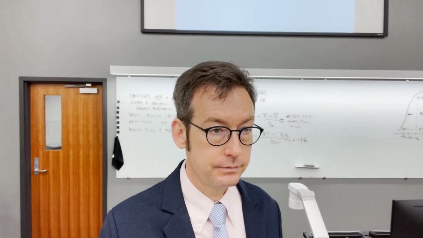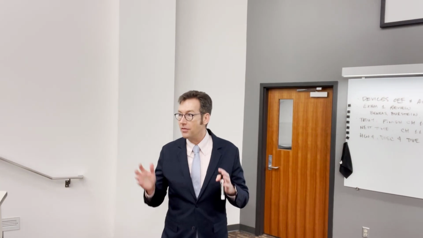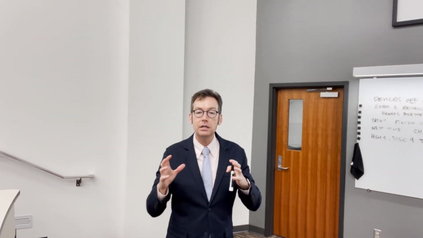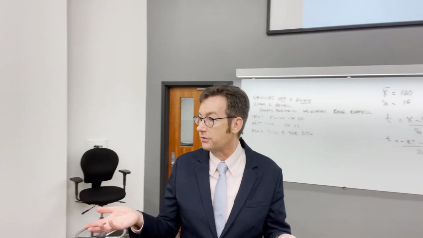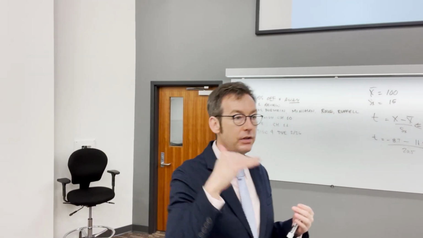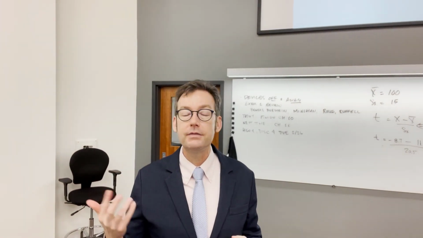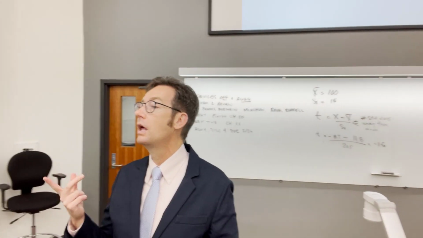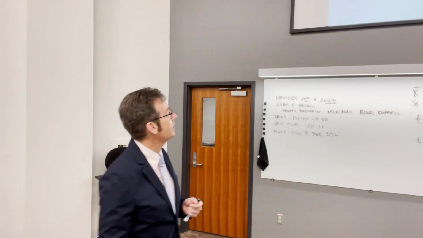That's the second step. The third step is to take that product to the 1 over n power. What is n? Yeah, it's the sample size, right? It's the number of observations. If we were looking at 5, this is going to be to the 1/5 power. If we were looking at 9, it's going to be to the 1/9 power. And then at the end of that all, remember in the beginning we had to add 1 to all these things?